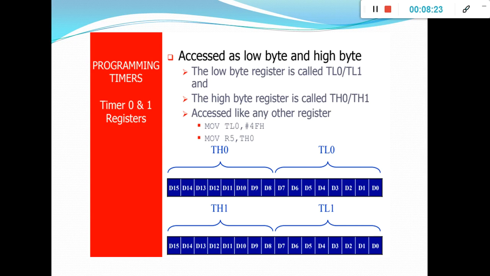Here TH0 has some 8-bit data, and you can move that data directly to the R5 register. This instruction is register addressing mode, because both R5 and TH0 are registers, so you are moving data from register to register.